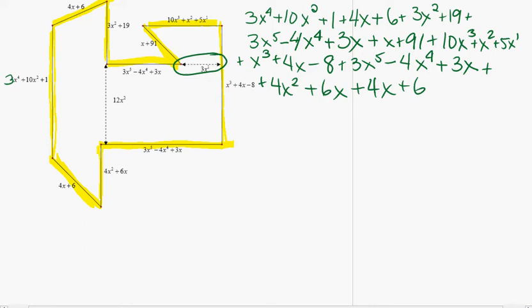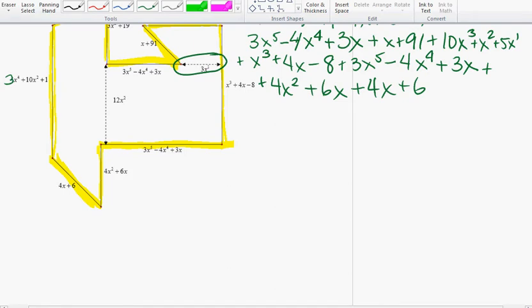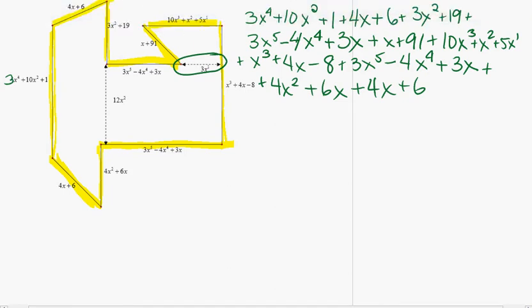Now one of the strategies is to try to combine like terms. In order to figure out what like terms are, we need some scheme to figure out which ones go together. I noticed that I saw x to the 5th, so that was probably the highest term. I think I saw a couple of them, so let's look at them. I have a positive 3x to the 5th. I have another positive 3x to the 5th. Scanning along, any other x to the 5th?